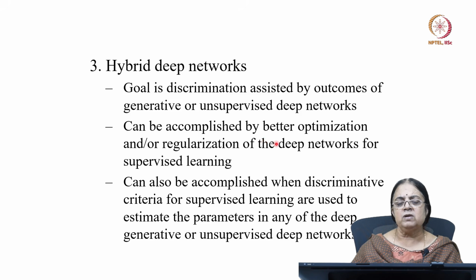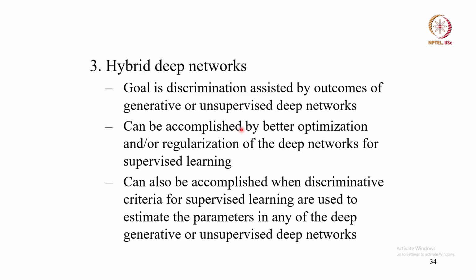And then you have the hybrid deep network. One such is what is called the generative adversarial network, where you are using a discriminative network to discriminate between patterns which are real and patterns which are generated, which means patterns which are real and patterns which are fake.